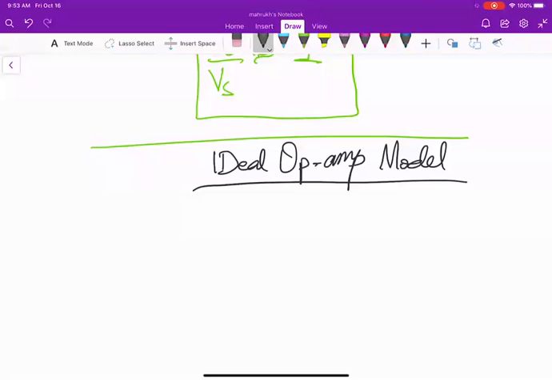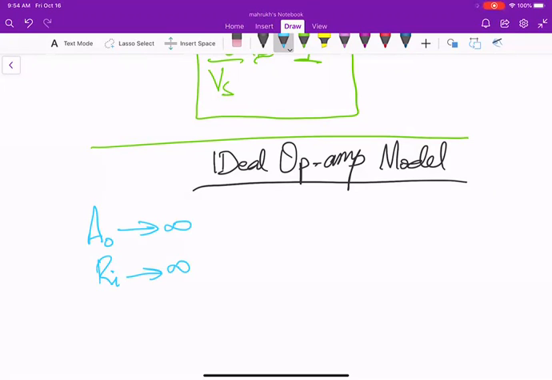So in the ideal op-amp model, we said that A naught tends to reach infinity, and Ri tends to reach infinity, because we said that Ri should be really, really high, so that it is not dependent on Rs.